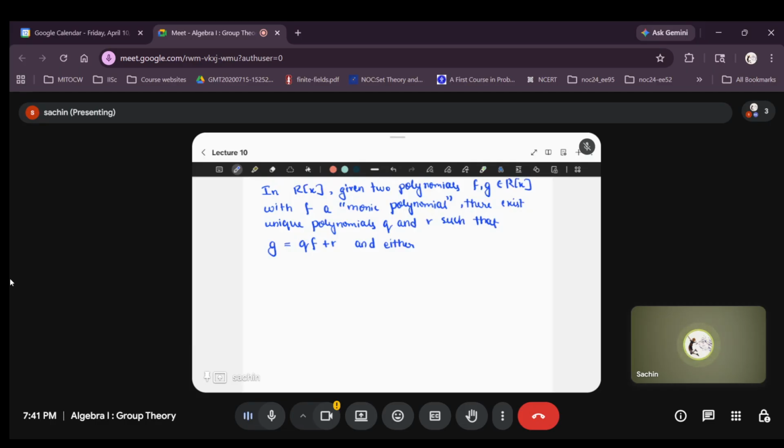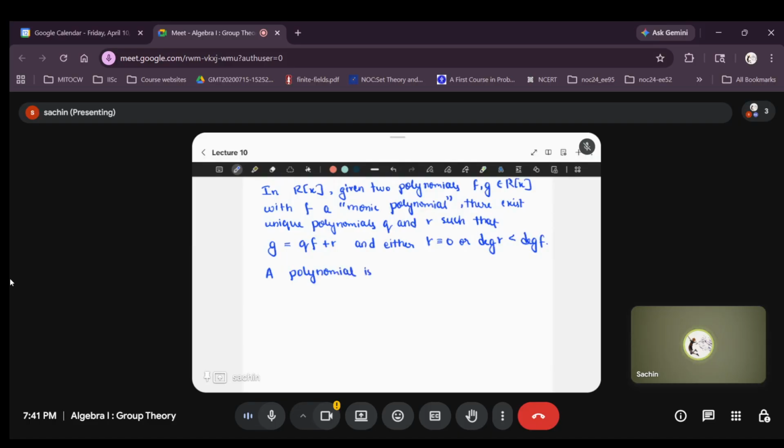You will have two unique polynomials q and r, such that g is qf plus r, and either r is the zero polynomial, or if it's not the zero polynomial, the degree of r is less than the degree of f. And I said f has to be monic.